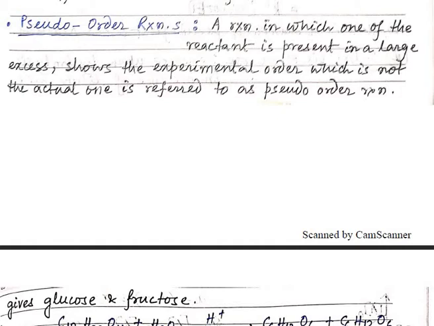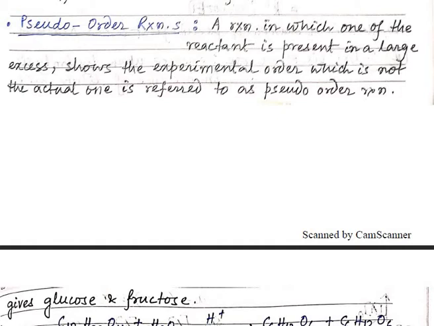For this type of reaction, suppose we are thinking that the reaction may be first order, second order or third order, but when you check after the experiment, you can see that the order is not like that.